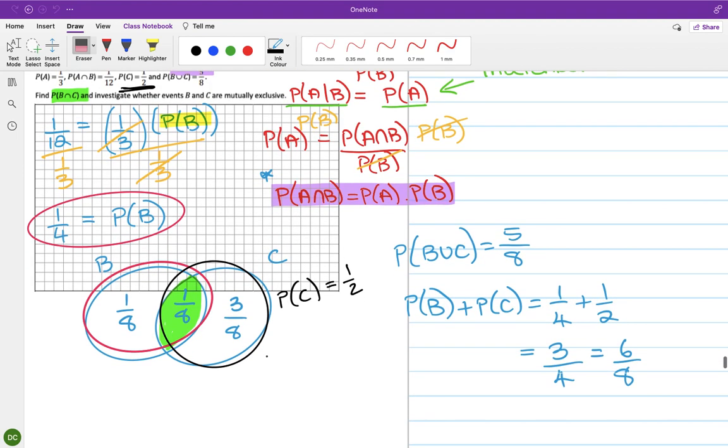Okay, so the probability of the intersection is an eighth. It says investigate whether B and C are mutually exclusive. The fact that there is an intersection means they're not mutually exclusive.